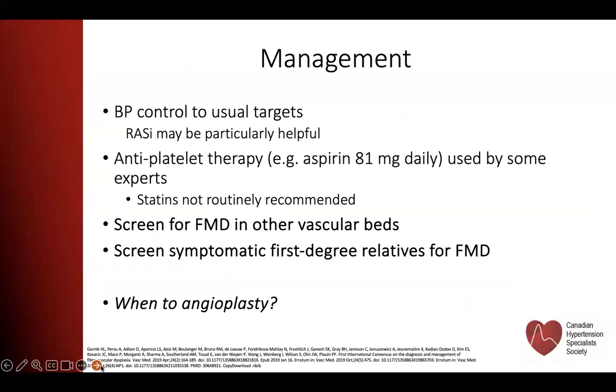How do we manage these patients? So blood pressure control is generally recommended to whatever the patient's usual target would be based on their other risk factors. If renovascular hypertension is playing a role, then blockers of the renin-angiotensin-aldosterone system may be particularly helpful. So ACE inhibitors or ARBs.